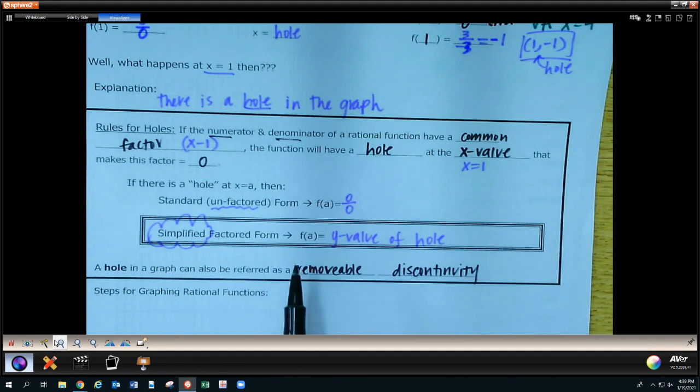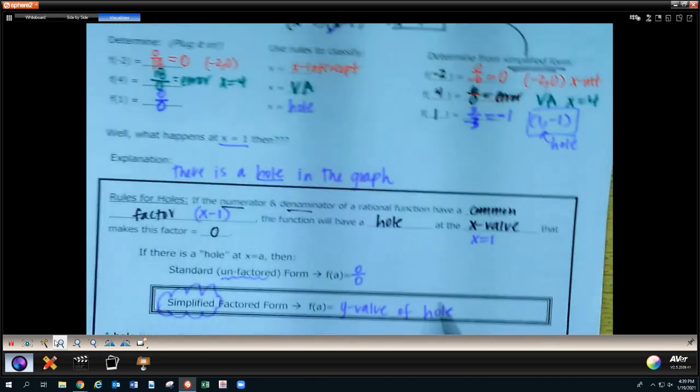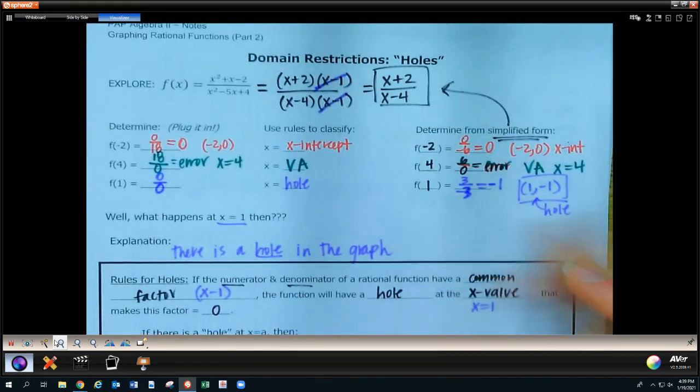They call this a removable discontinuity because once you remove that factor, the function behaves exactly the same, except there's an open circle instead of a point at that specific spot. So removable discontinuity. And so now that we know about holes in the graph, this kind of changes the steps for graphing functions because you have this simplification step.